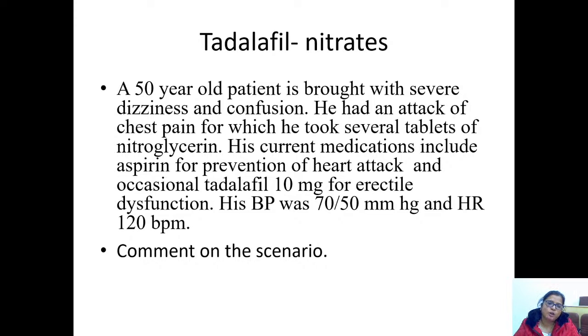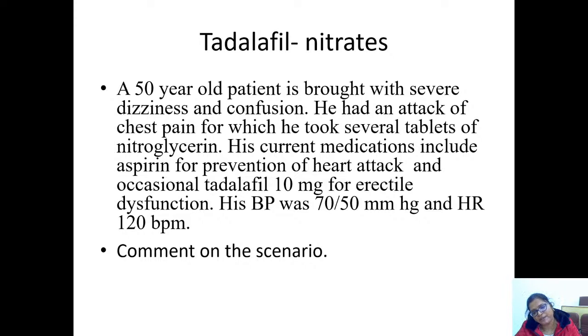Then we have a 50-year-old patient who is brought with severe dizziness and confusion. He had an attack of chest pain, for which he took several tablets of nitroglycerin. His current medications include aspirin for prevention of heart attack, and he also takes occasional tadalafil 10 mg for erectile dysfunction.